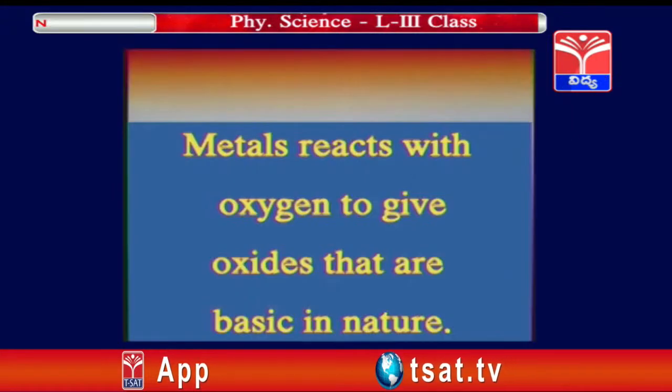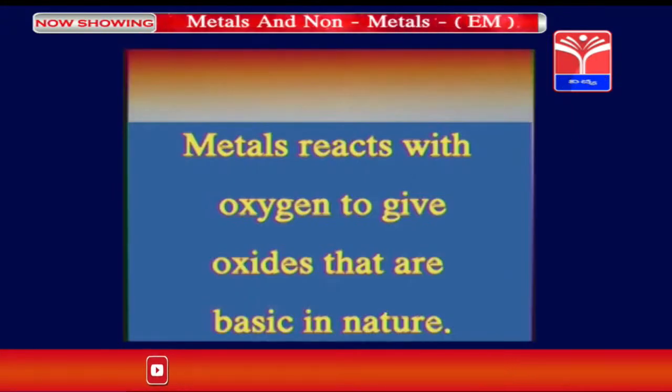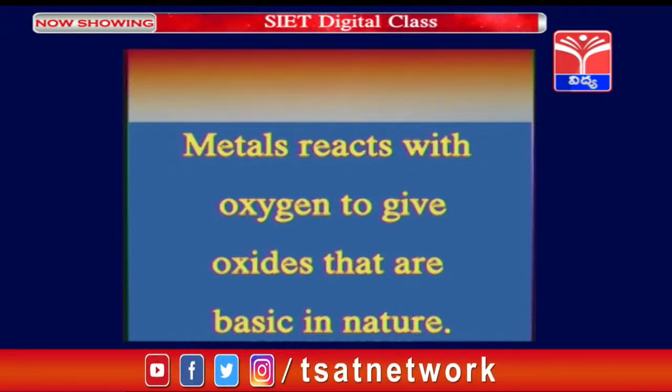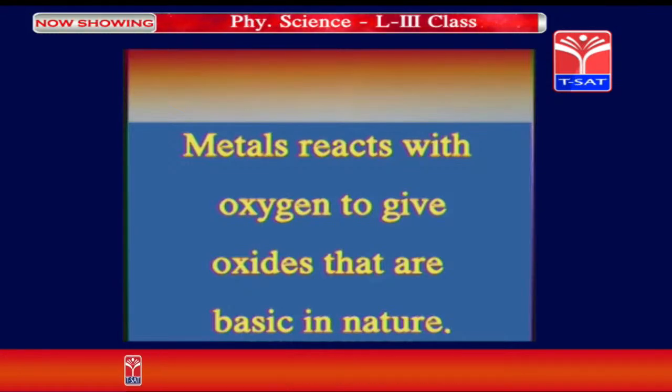So it means that metals react with oxygen to give oxides that are basic in nature. Bases always turn red litmus to blue.